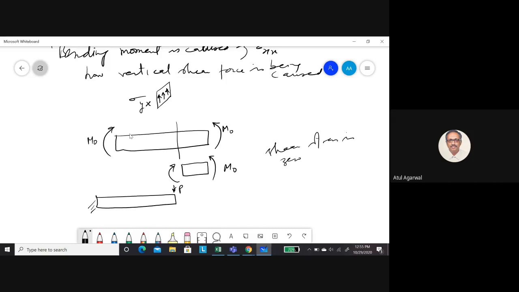Now, if you look at the moments, what is the moment here? Zero. What is the moment here? If you draw its free body diagram, PL. So this force is P, this is P. So this is causing a clockwise moment. So there has to be a counterclockwise moment.